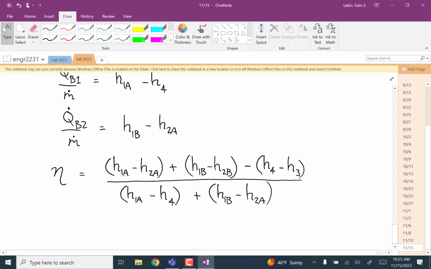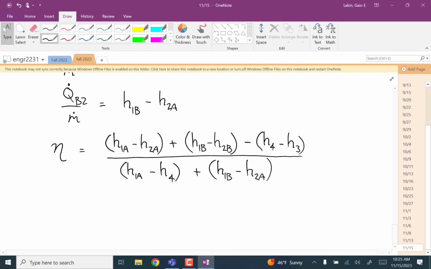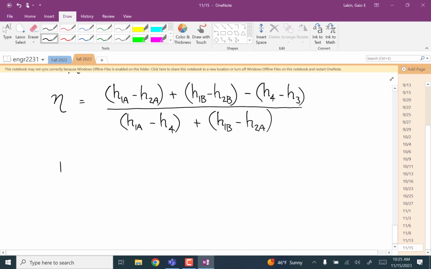And then the last new thing is, well, we've been dealing with all these ideal cases where there's no energy loss due to irreversibilities. So how do you deal with irreversibilities?